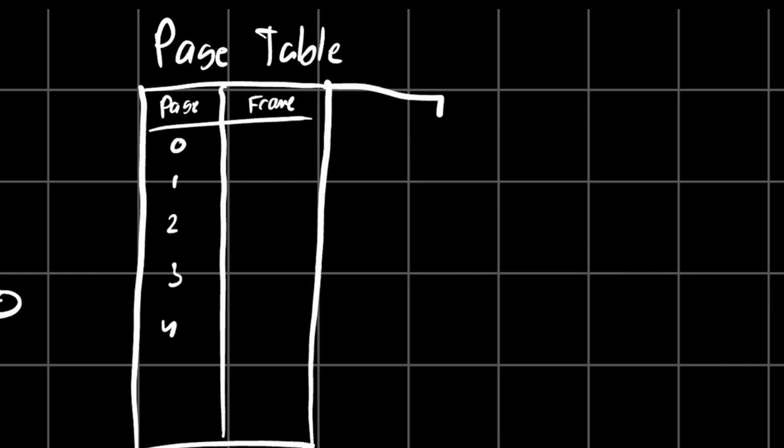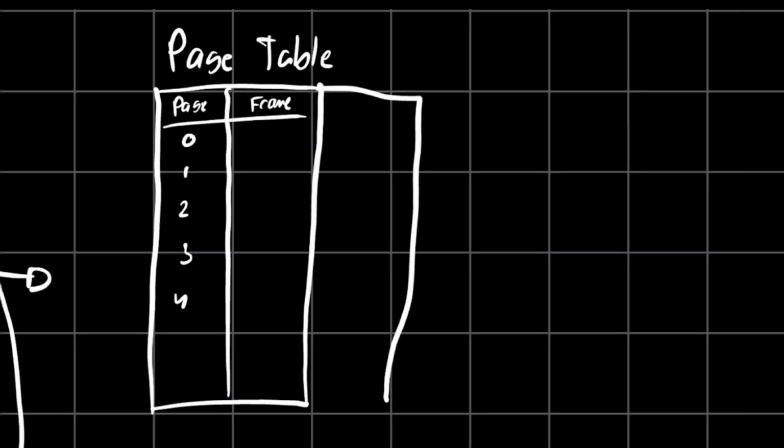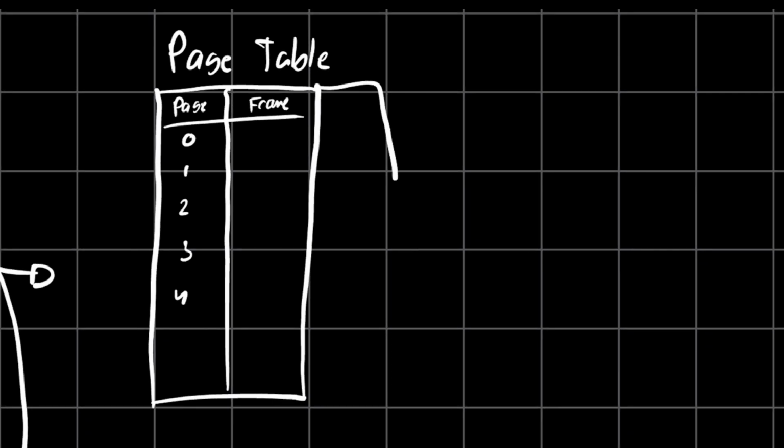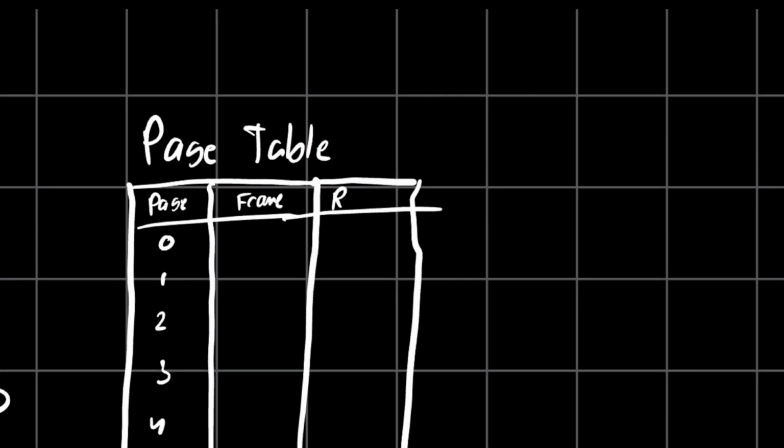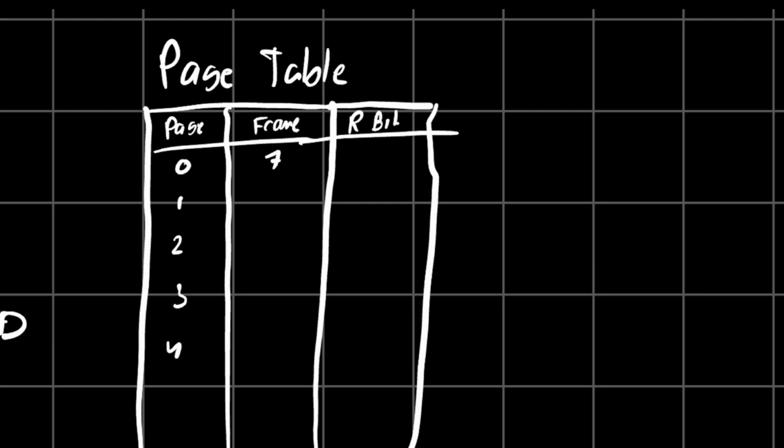And in this case, we're going to have another column here, and this is going to be the R bit. Okay. So the frames, I don't know, we have 7, 3, 2, 6, 1.